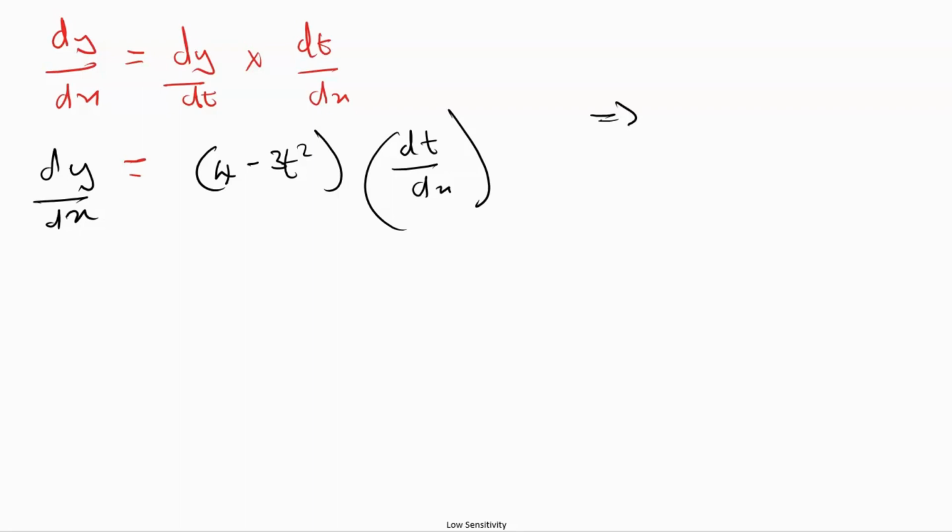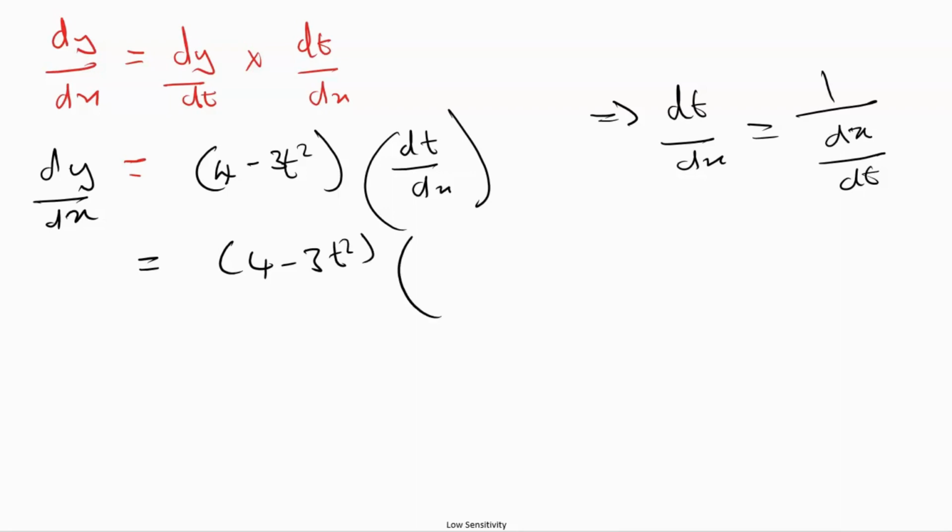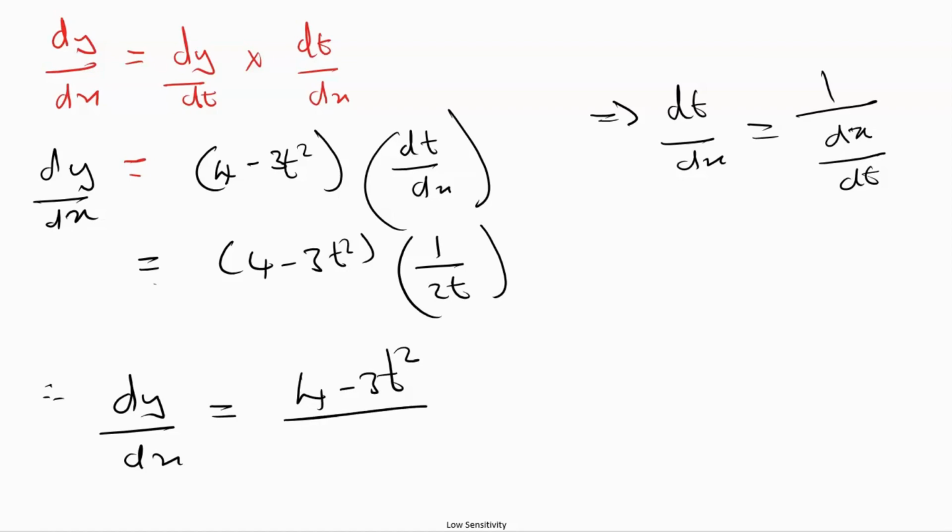We know that dt/dx is equal to 1 over dx/dt. So what we have here is 4 minus 3t squared times 1 over 2t. Therefore, dy/dx can now be written as 4 minus 3t squared over 2t.